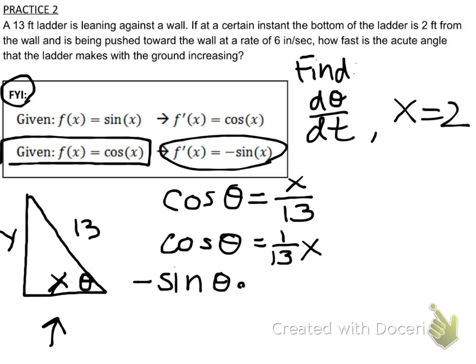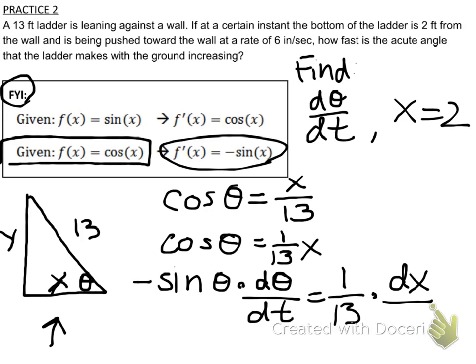And because I'm still using the chain rule, I'm going to multiply it by d theta over dt. And this equals the derivative of 1 over 13 x, which is just 1 over 13, but I still need to multiply it by dx over dt.